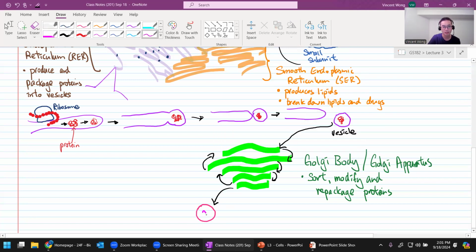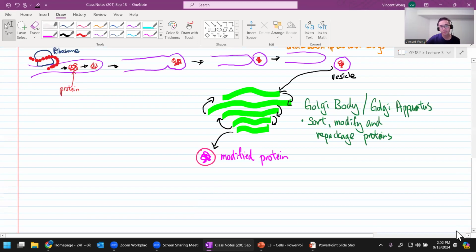I'm just gonna choose a different color here. So this is a modified protein. Still inside a vesicle, but the contents are different. You don't have to know the kind of modifications, but in case you're curious, sometimes you need to cut the protein.